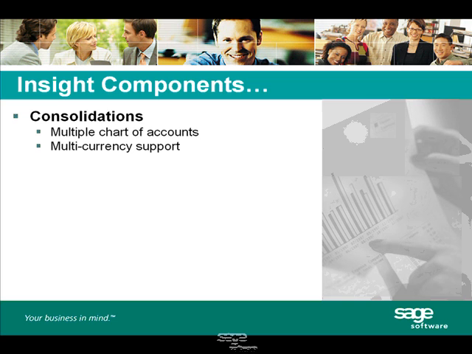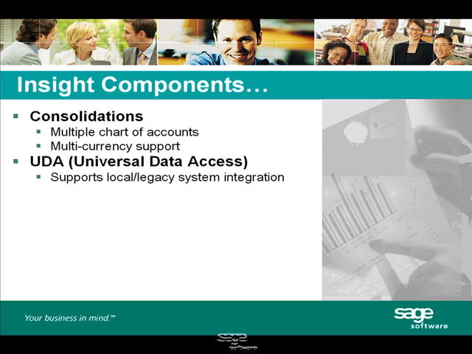Now, some of you may be running multiple companies and will require the consolidations component to handle all of your chart of accounts. It handles multi-currencies and dissimilar fiscal year ends across all your companies. The universal data access is another key component if you want to be able to tap into all of your other data sources, tap into your legacy systems or any of your third-party systems to bring all of that data into your Excel report with your Accpac or Pro data.